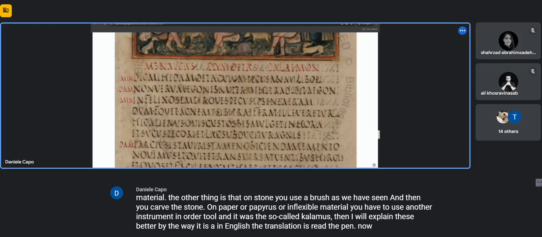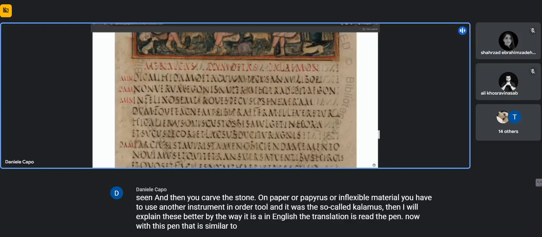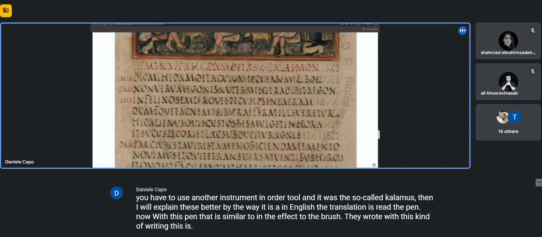Now, with this pen that is similar, in its effect, to the brush, they wrote with this kind of writing. This is called the rustic capital, but today we prefer to use book capital as a term.